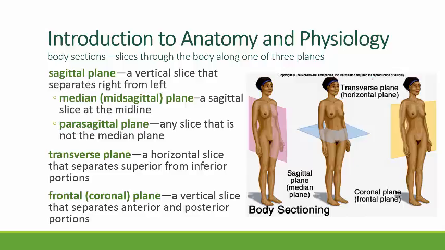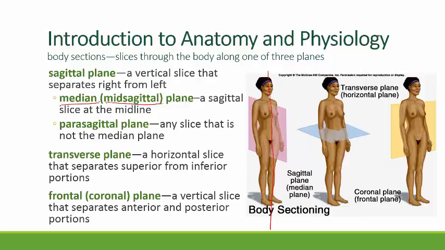This is a vertical slice through the body that would separate a right portion from a left portion. So you can see that slice of the plane running right through this woman's body. Now, if it happens to go right through the midline, as this plane appears to be doing, then we would talk about it as a mid-sagittal section or a median section. So a mid-sagittal section is a sagittal slice that goes right through the midline.